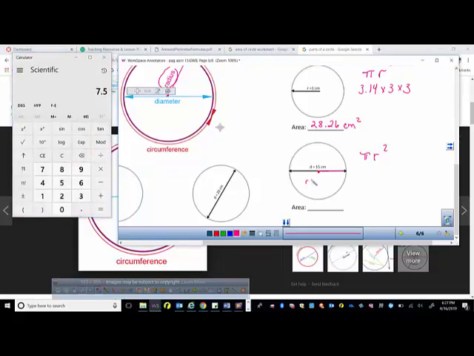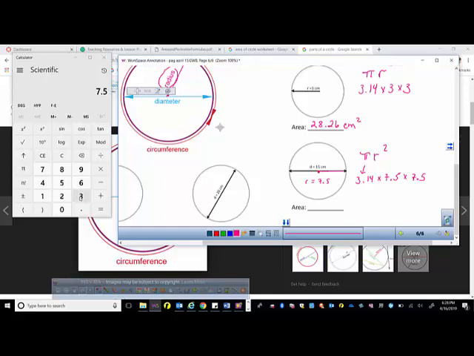So we know that the radius, the r, is 7.5. That's the number we want to use in our formula. So our area is going to be 3.14 times r, which is 7.5, times 7.5, r squared.